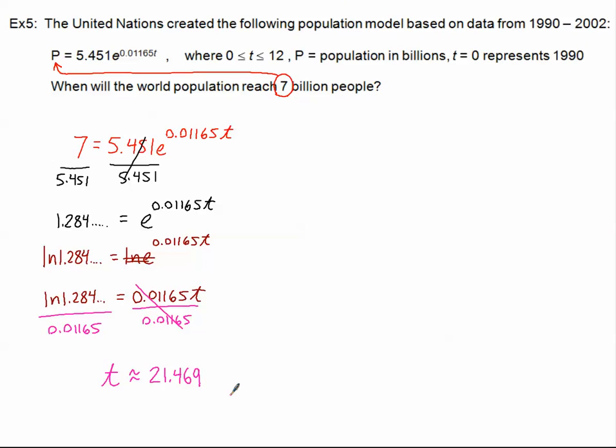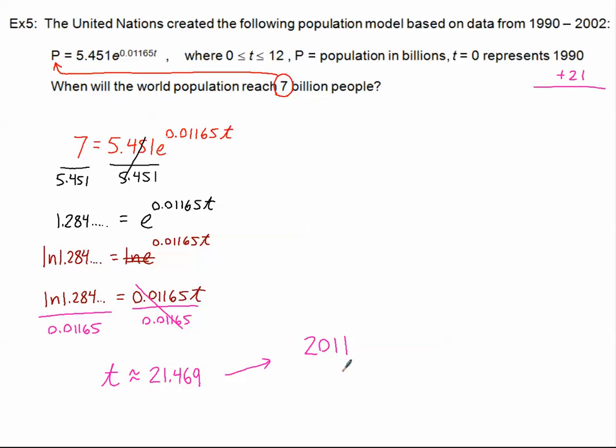Now we need to answer this question. We solved what t is, but let's understand what that means. If t equals 0 represents 1990, then t equals 21 represents 21 years after 1990. So if I add 21 years to that, we're talking about 2011.